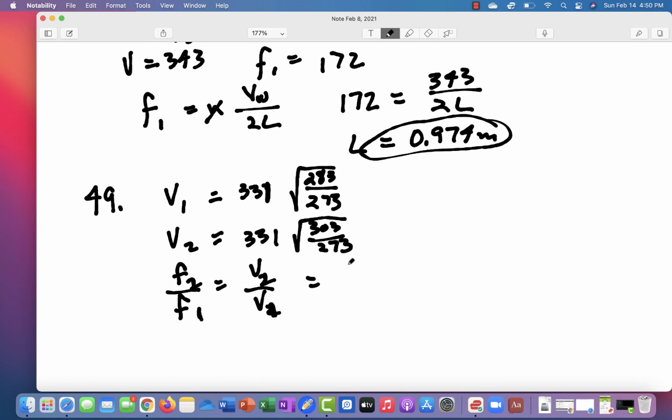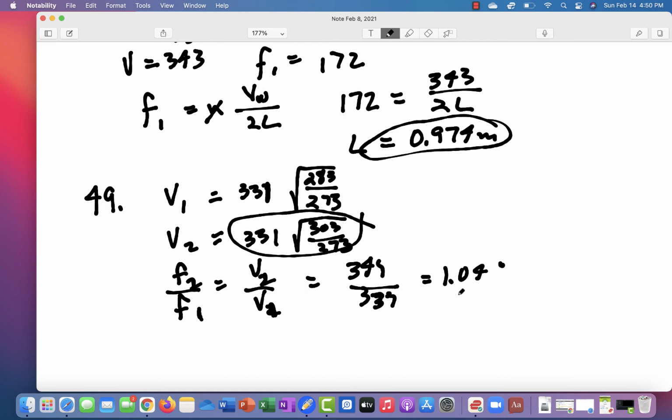And so that's going to be 349, which is this calculation here, divided by 337. And that means it's 1.04. 1.04 means the change in the frequencies is 4%, which is why when somebody tunes their instrument inside and they go outside and the temperature is meaningfully different, they have to retune their instrument.